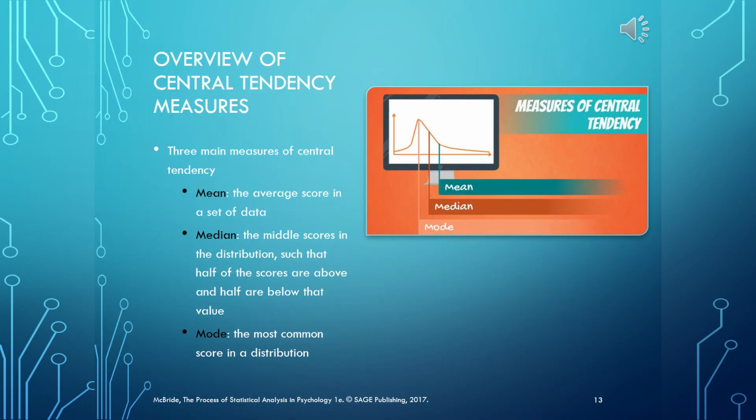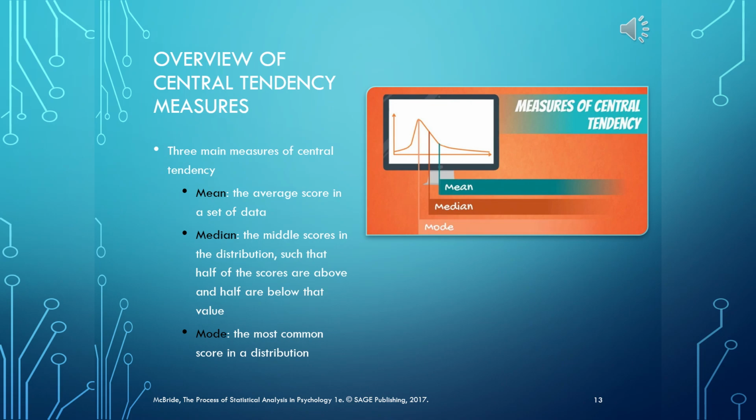And to define each of those measures of central tendency in turn, as you all know, the mean is the average score in a set of data. The median is the middle score in a distribution. If you line up the distribution from lowest to highest on whatever variable scale you're using, the median is the middle score such that half the scores are above it and half the scores are below it.